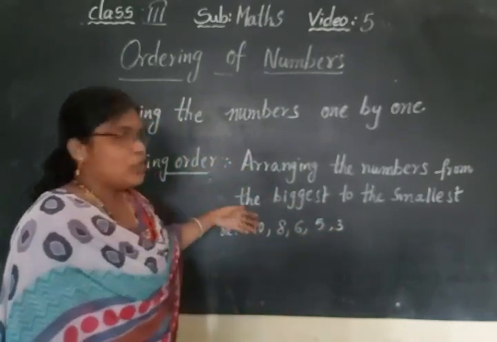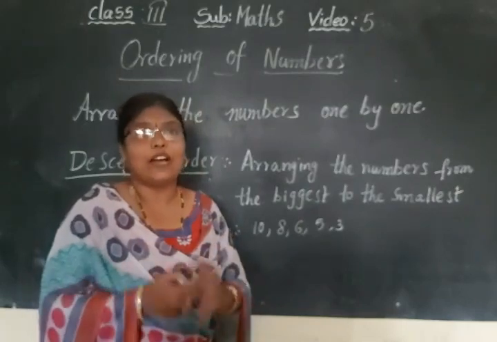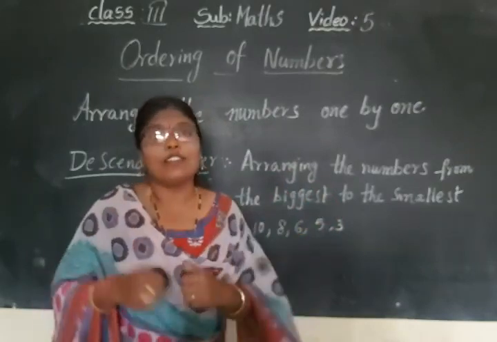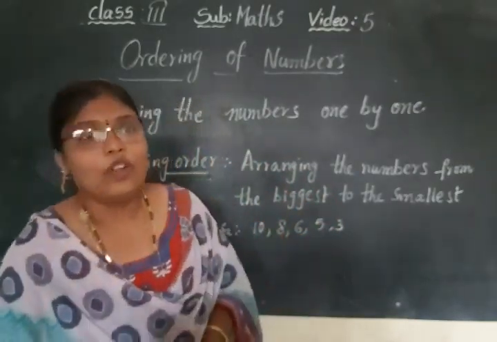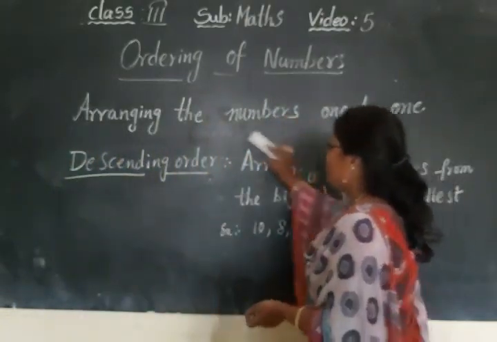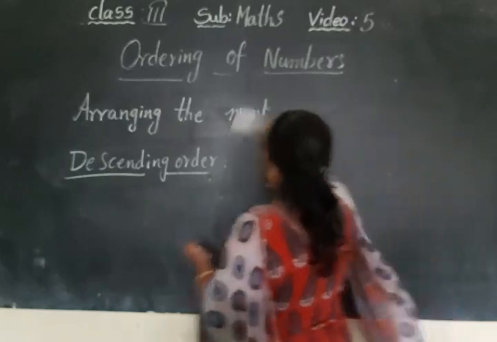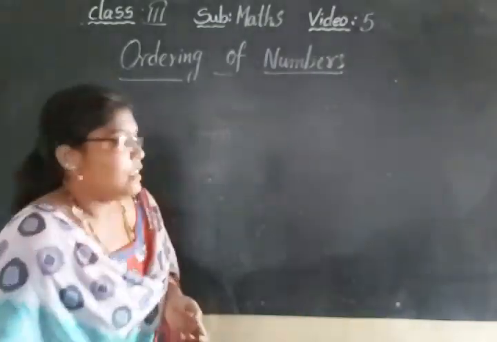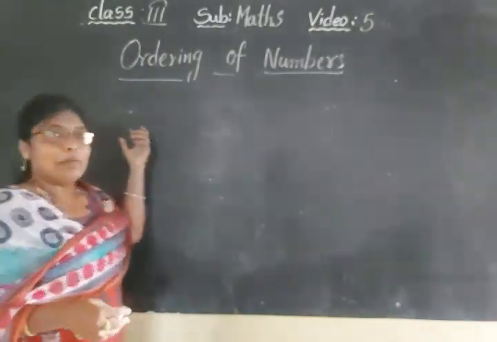Anyway, we know how to arrange 1-digit numbers and 2-digit numbers in ascending and descending order from our second standard. Now, let's try to arrange 3 and 4-digit numbers in ascending and descending order. Now, see, I will give some numbers.